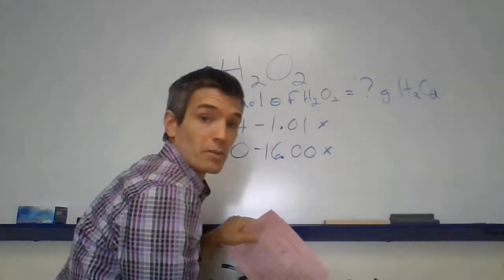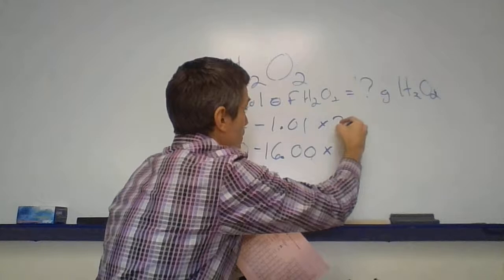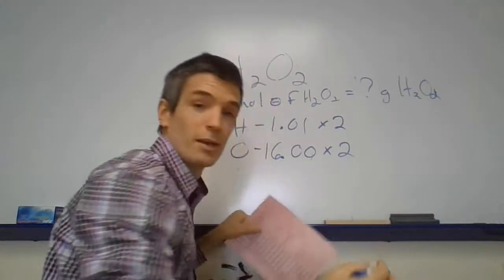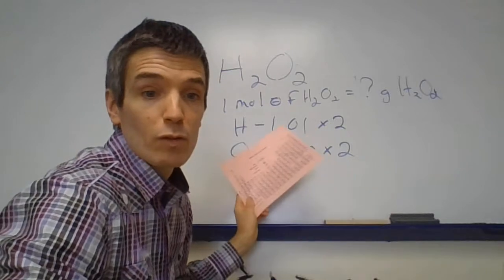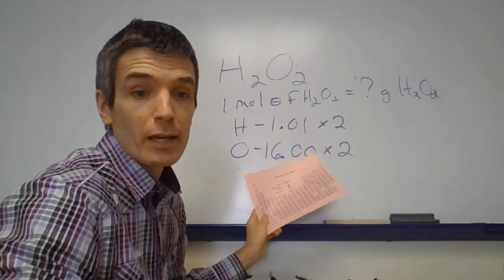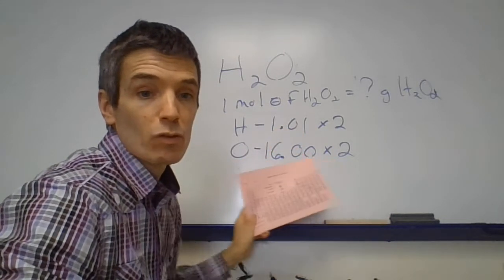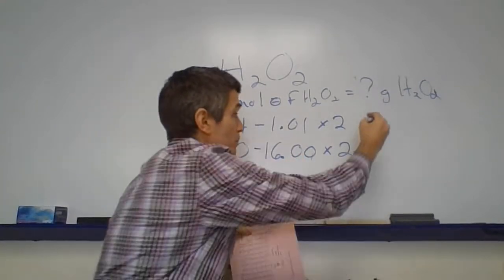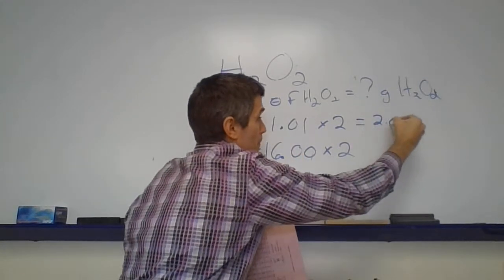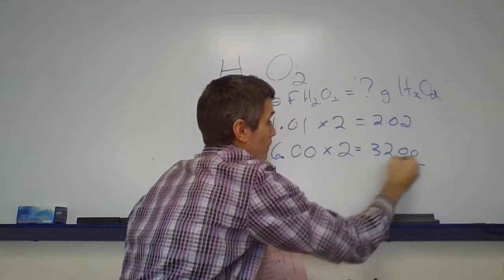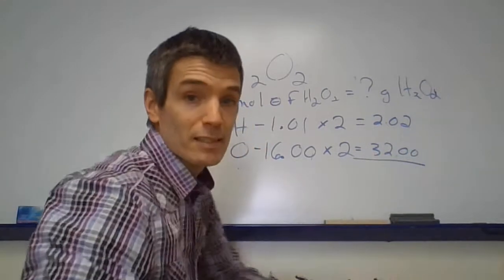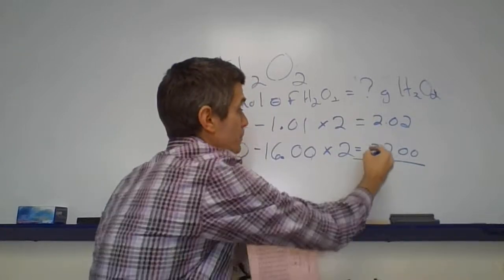What I'm going to do now is I'm going to multiply them. So I would multiply 2 and 1.01 and 2 and 16.00. And the last step is I add up my products.